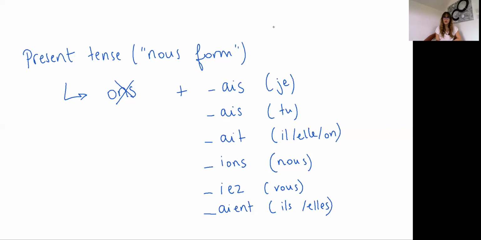I'll give you some examples here. Let's take an er verb, for example, jouer. The nous form for the present tense, how do you say we play? Nous jouons.